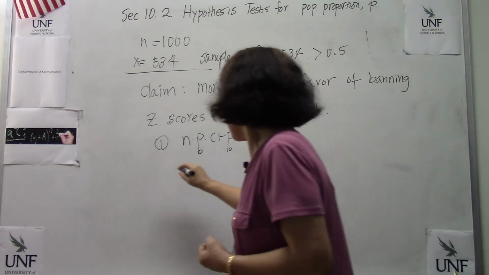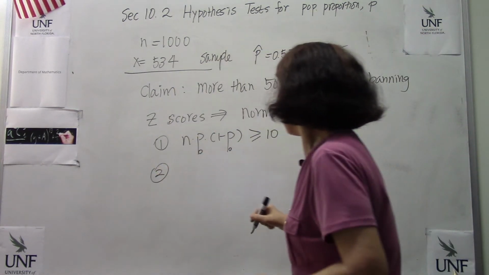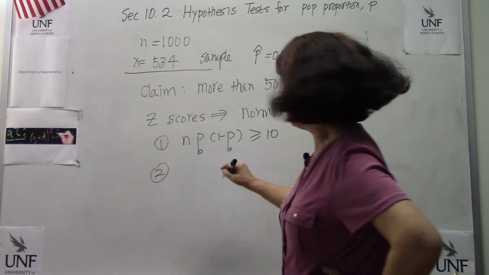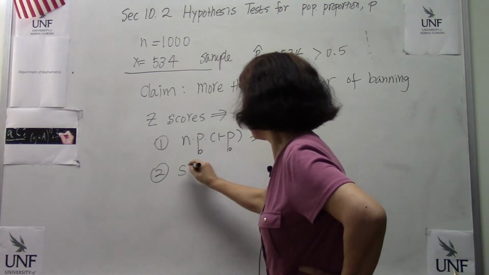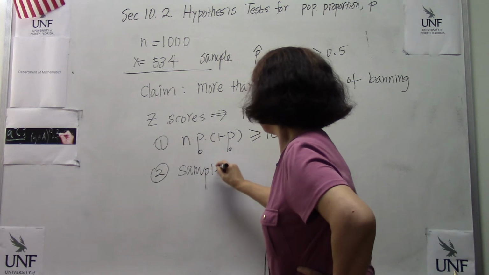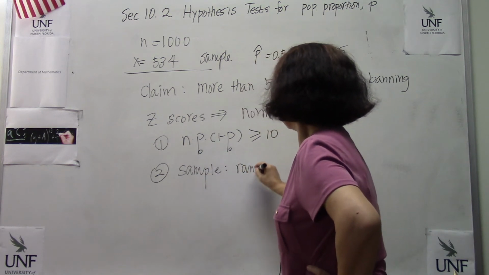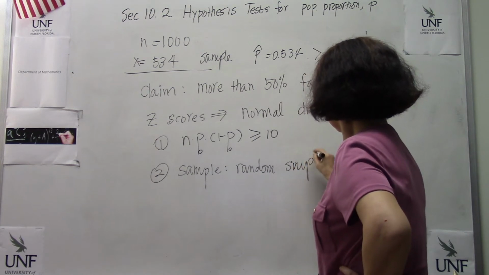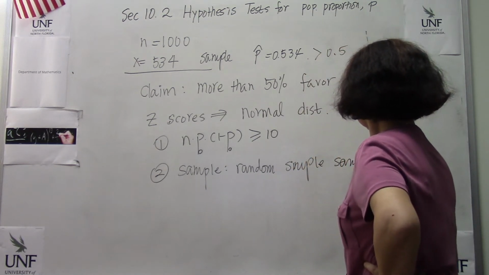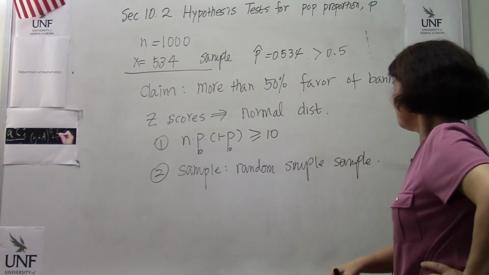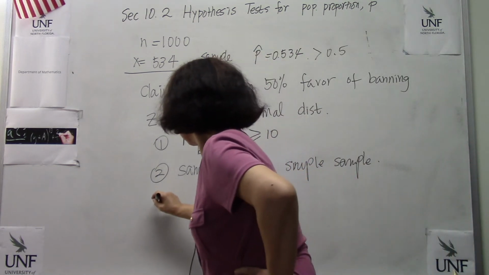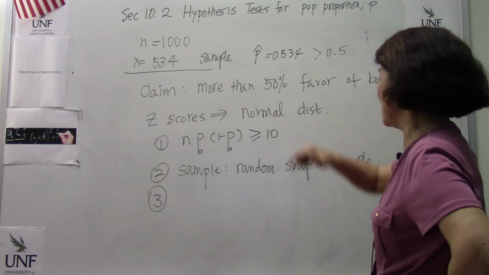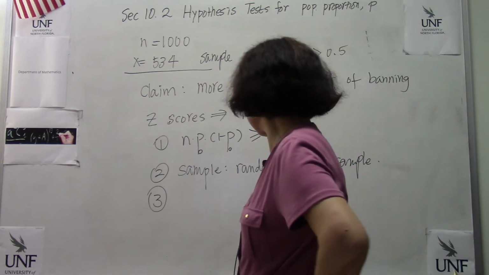Therefore in our case we have to switch to that. Okay? And the next thing is we have to show that this sample is a simple random sample. And this one we just have to accept that there were people who were selected randomly, okay?